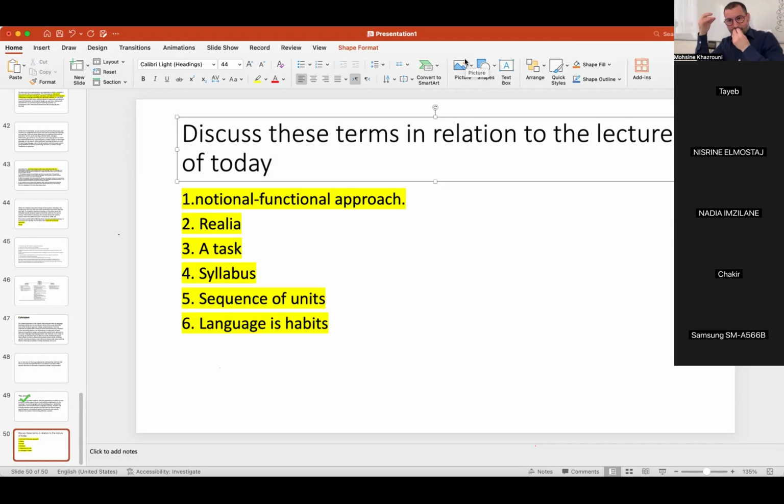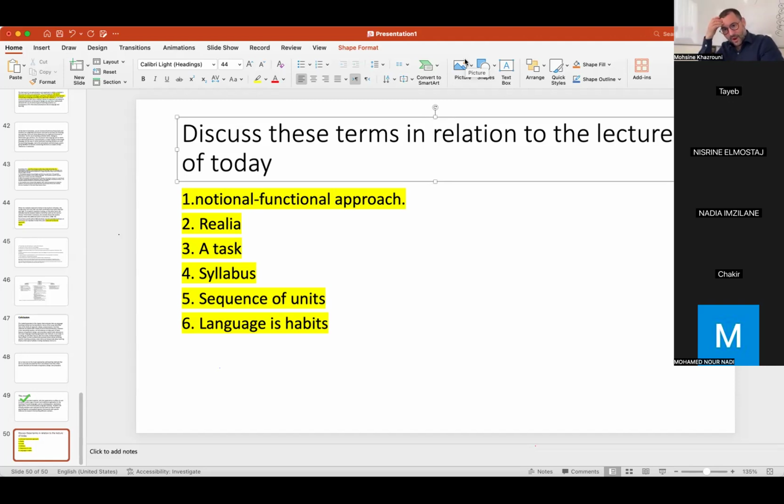The place of errors, because errors are there. When you teach a language, there are errors, mistakes. So how, as a teacher, would you deal with errors in both methods? That's my question. Someone want to say something? This is an open discussion.